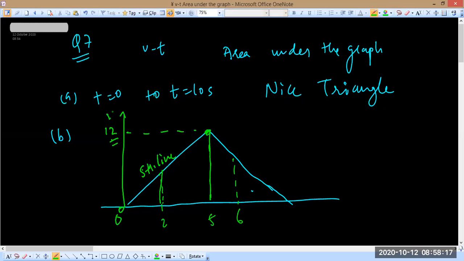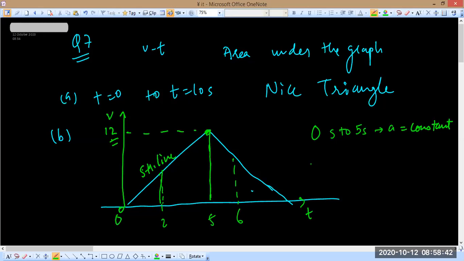VT graph, straight line means it's constant acceleration, right? So for 2 second to 5 second, okay, here we are seeing that it's constant acceleration, right? For 0 to 5 second, the acceleration is constant, because here the graph is a straight line.